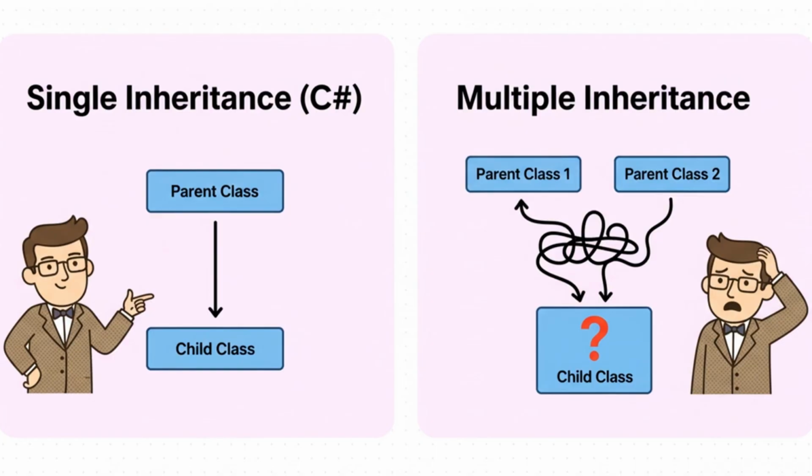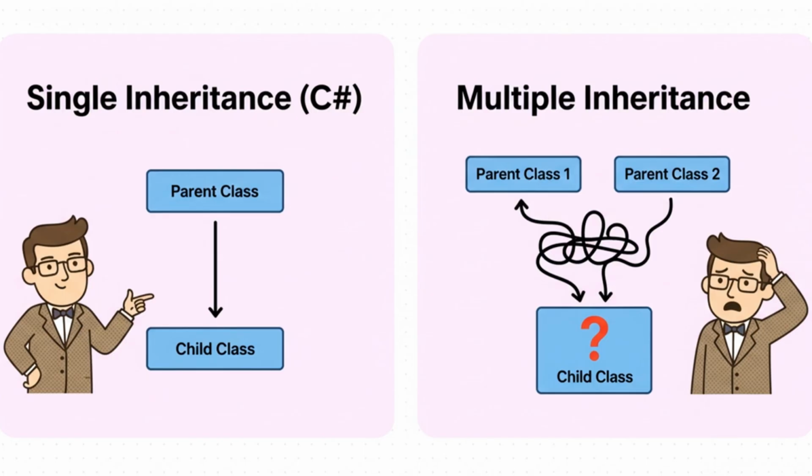Okay, so this brings us to a really crucial design choice. C# specifically enforces what's called single inheritance, which just means a class can only get its DNA, so to speak, from one parent. Some other languages out there do allow for multiple inheritance, where a class can have a bunch of parents.